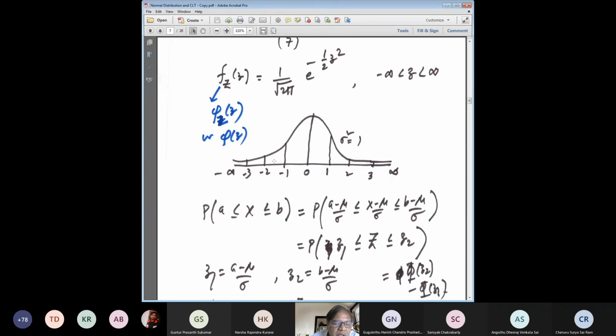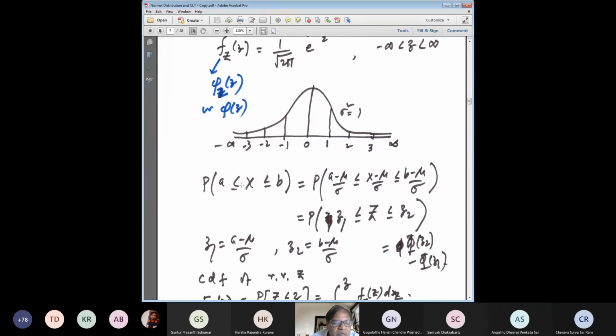If I have to calculate the area, I will convert the original probability into the form of standard normal. How is it done? We subtract mu and divide by the standard deviation in all the values a, x, and b. So a minus mu by sigma, x minus mu by sigma, b minus mu by sigma. This becomes a new variable Z, and these are the new points. From the original points, we have got new points which we represent by z1 and z2.